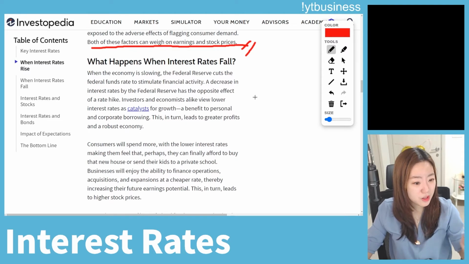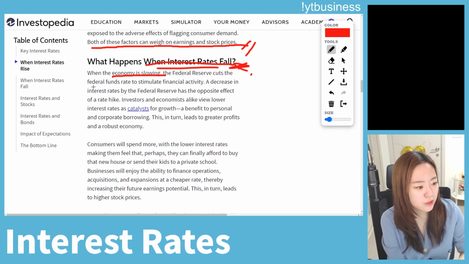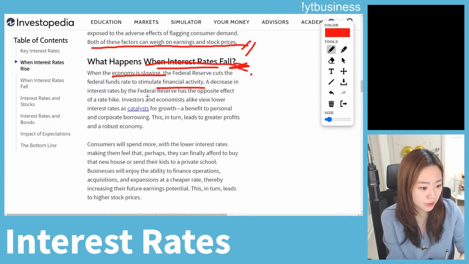So what happens when the interest rate falls? When the economy is slowing, isn't this what we want to hear though? When the interest rate falls. 이게 좋은 거 아닌가? The Federal Reserve cuts the federal fund rate to stimulate financial activity. A decrease in the interest rate by the Federal Reserve has the opposite effect of a rate hike.